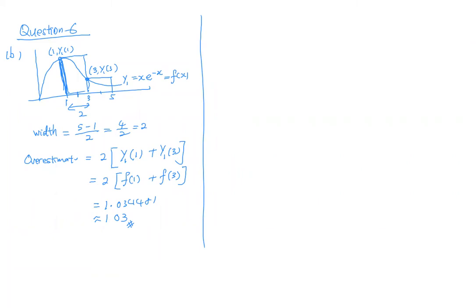So on the same graph, you draw 4 rectangles of equal width. You can use a different color. The first rectangle is here, the second rectangle is here, the third rectangle is here, and the fourth rectangle is here. So you get 1 mark for that. Then the calculation for part 2.